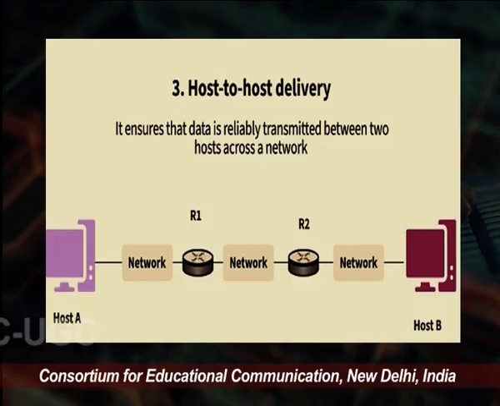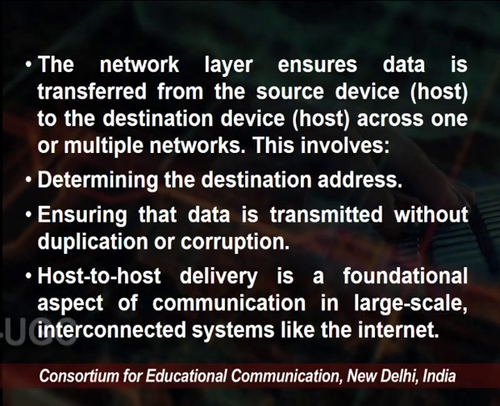So, here is a host A and here is a host B, and there are networks between them, and across the networks or within a network, we have these devices which are routers, operating between host A and host B. Because of this whole functionality, data is reliably transmitted between two hosts across a network.